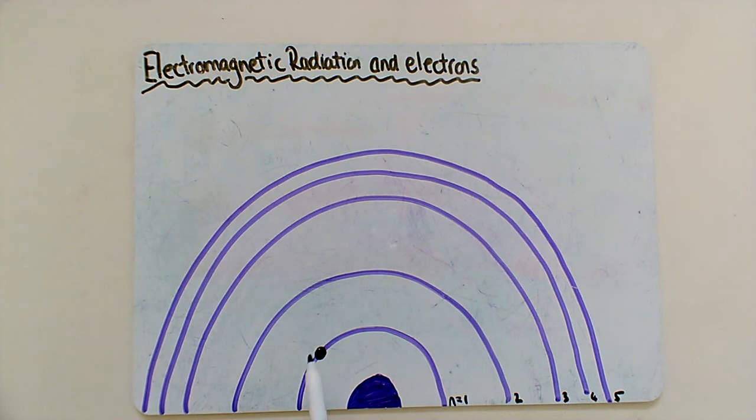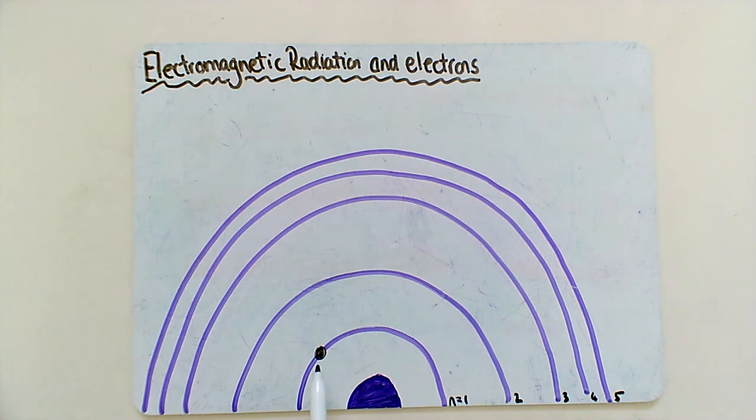Now, if this electron doesn't gain the full amount of energy, say if it gains enough energy to go here, well, there's not an energy level there, so it doesn't move. It'll stay here. If it gets enough energy to go here and further, it's not going to travel anywhere because it's making a transition into nothing. So it won't move. Only if it gets exactly the right amount of energy to go to here, or here, or here, or here, to each energy level, will it move.